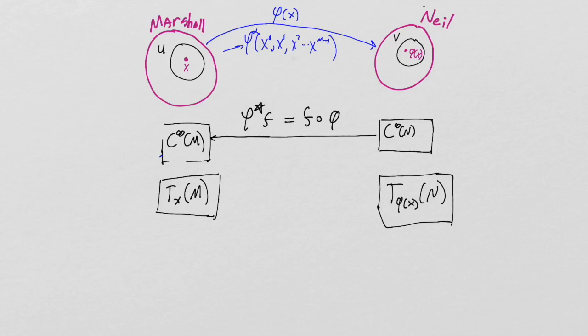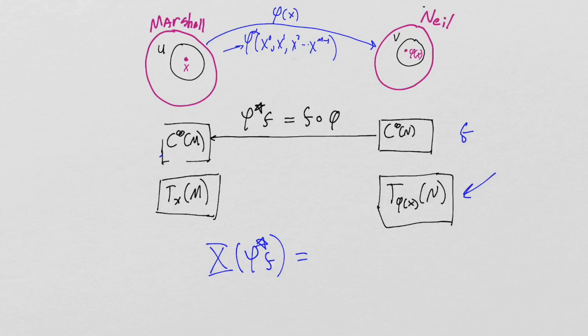And the way it's going to work is if I take a vector from the tangent space of x and I operate on the pullback of a function on Neal, I should get the same thing as there should be some vector in the tangent space at phi of x of Neal that gives me the same result.